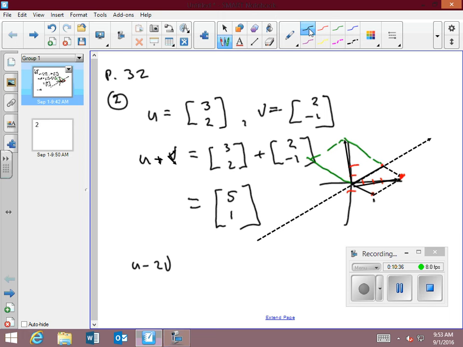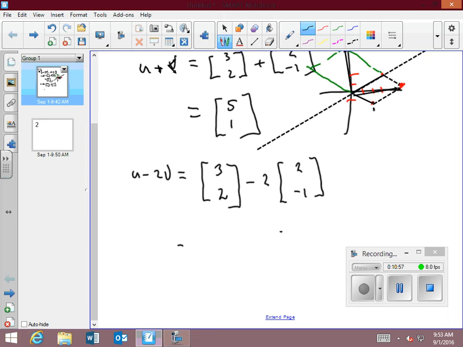This seems to be having lots of trouble. 3, 2, minus 2, and 2, minus 1. So that top one's going to be 3 minus 2 times 2.